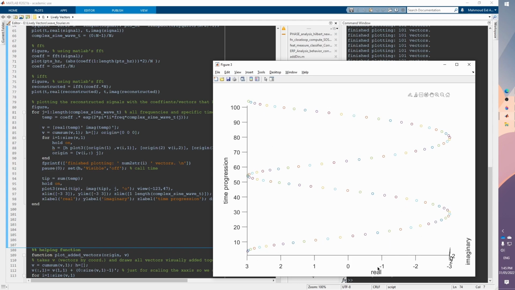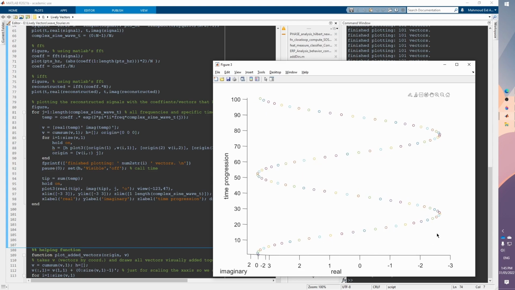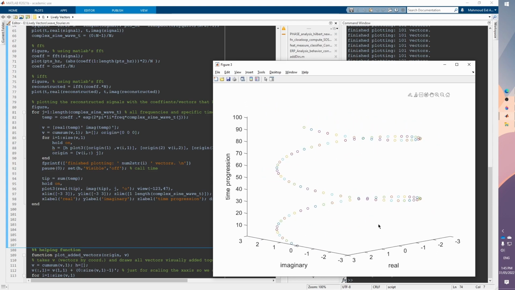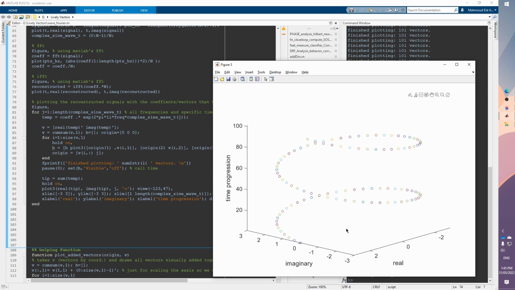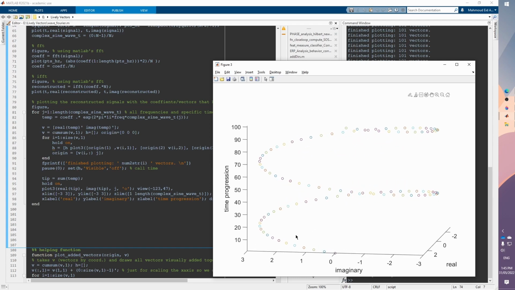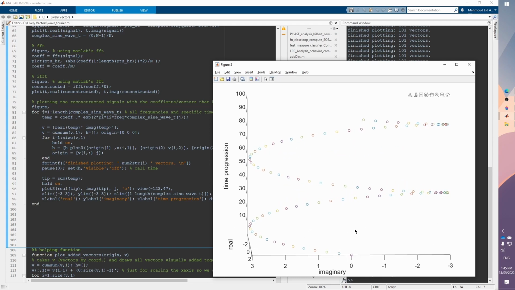Okay, so now let's not consider the real part, let's consider the imaginary part and see the progression in time. It should be a sine wave, right? So instead of beginning from the maximum amplitude, it should be beginning from zero, because there is a pi over 2 phase shift between the two. Okay, so let's see how the imaginary part looks when we bring it like so in the time progression.